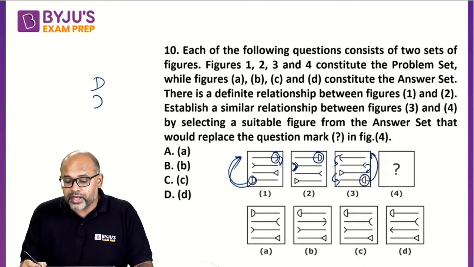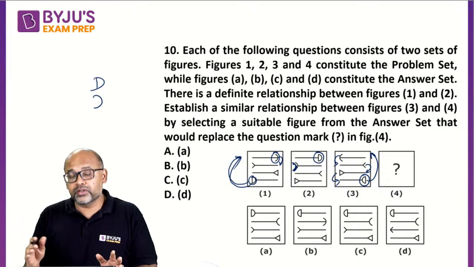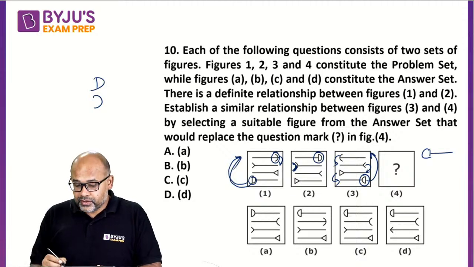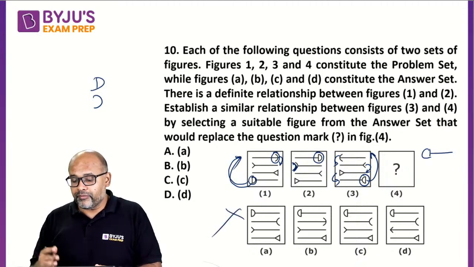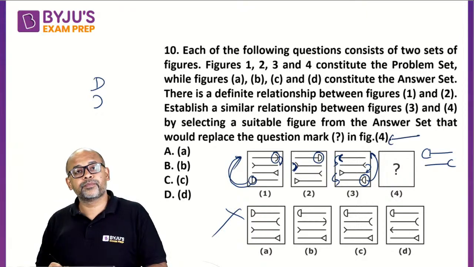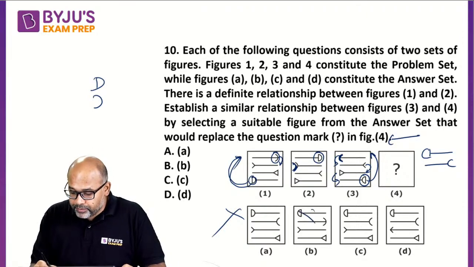So first, when it is going up, the D, which is on the right hand side, should now become on the left hand side. So it should be like this. So clearly this is gone. Now you have B, C, D. Now what happens to this? Something which was like this should now become like this. So that takes out your B also.